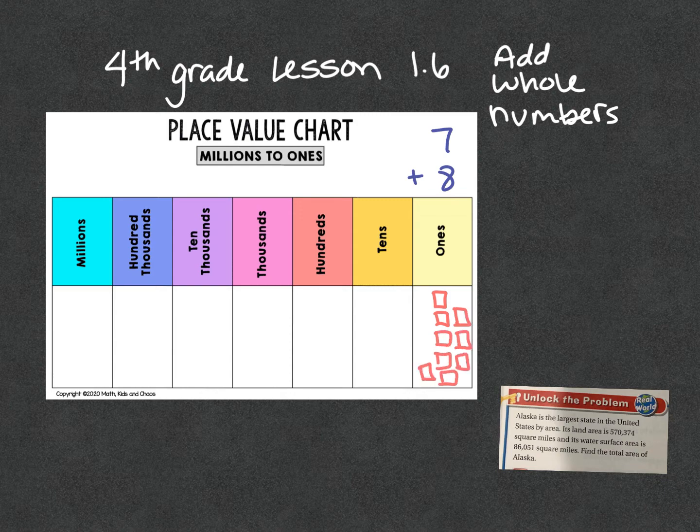If it goes over 9, then we have to group together all 10 of these into one rod. So I'll stack them up: 1, 2, 3, 4, 5, 6, 7, 8, 9, 10. I'm stacking all of these into one rod, and I'm sending it over to the tens column.